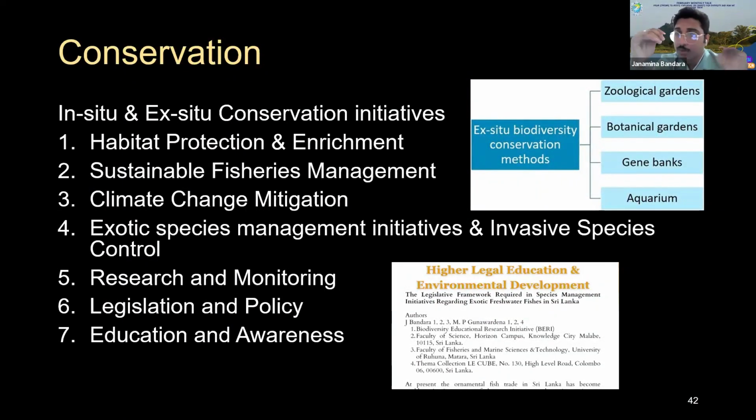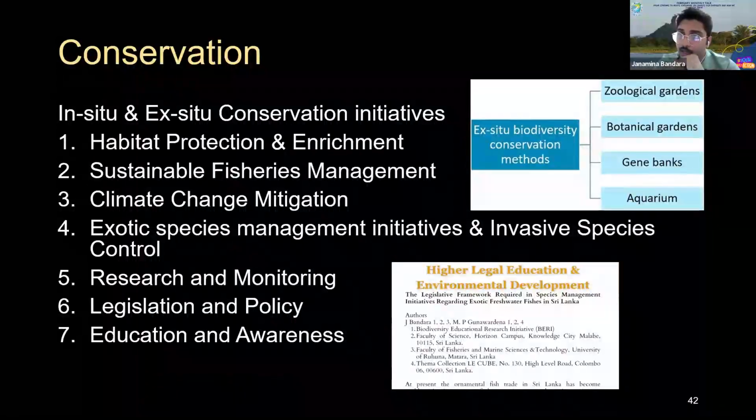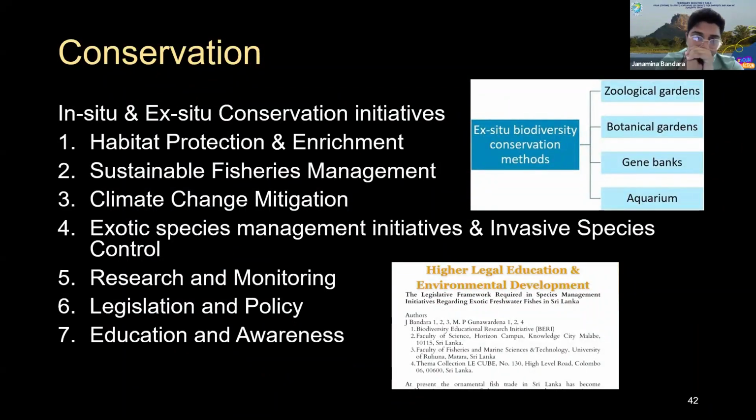And exotic species management is another really interesting thing. Our team has been discussing this issue for years, showing from the statistics, and fortunately we saw that an act was passed by the government to prohibit the breeding and trade of highly carnivorous species like piranha and so on.